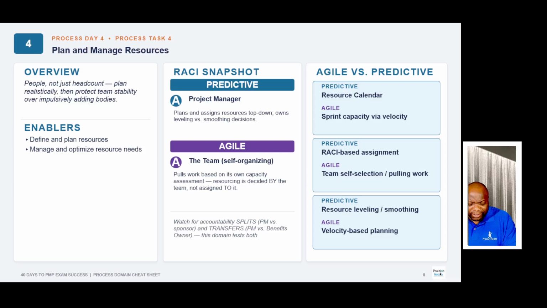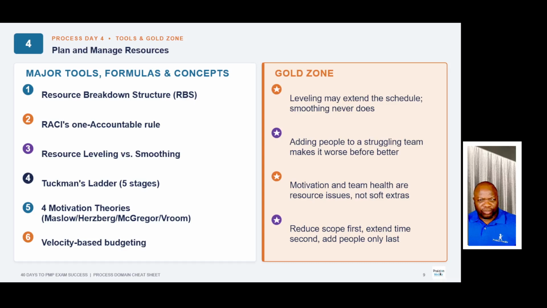In the world of Agile, we rely quite a lot on velocity, empiricism, whereas in the world of predictive, we plan a whole lot up front. Whereas in the world of Agile, we're doing it real time. We actually have the option of being more accurate if we break it down and do rolling wave planning.